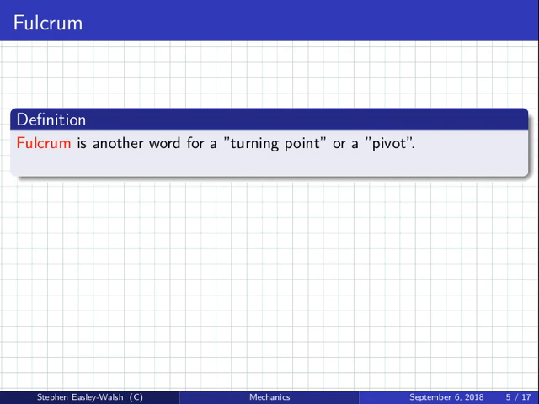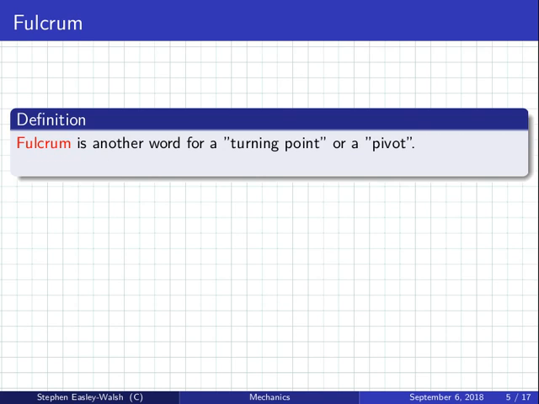We've got three words here that mean the same thing. Another is a pivot. You heard of pivot? Yeah, okay. Got that?